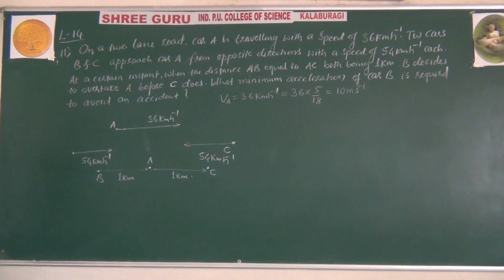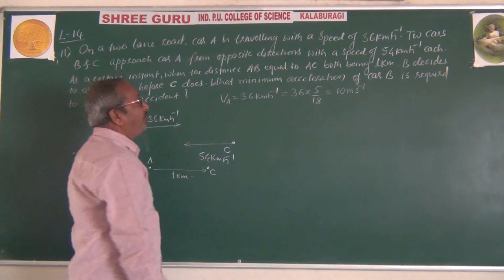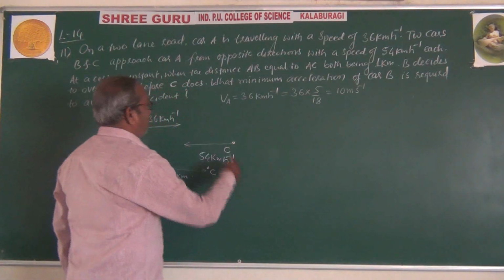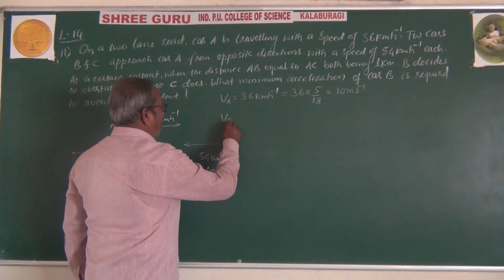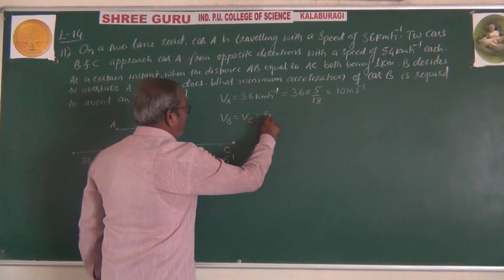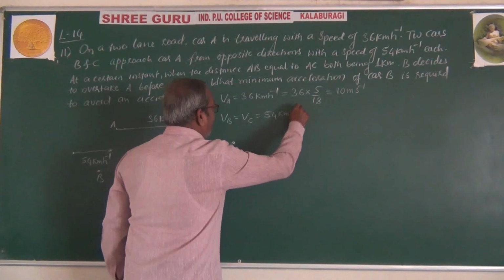Two cars B and C approaching the car A from opposite directions with a speed of 54 km per hour each. That means the velocity of the car B and velocity of the car C both will be same, that is 54 km per hour.